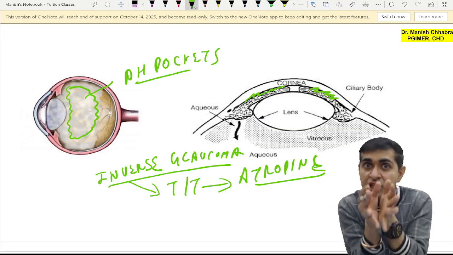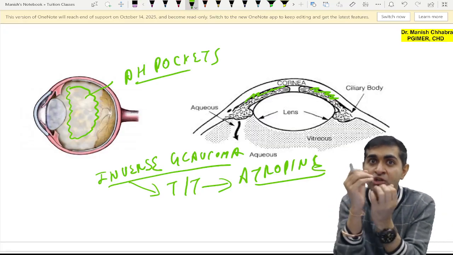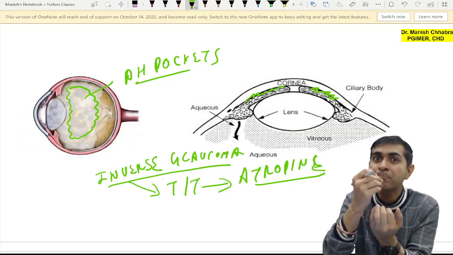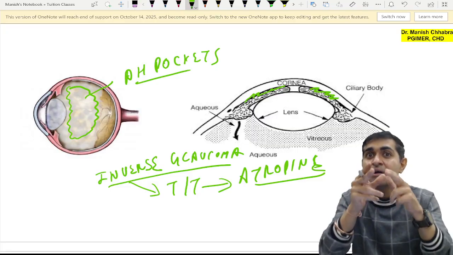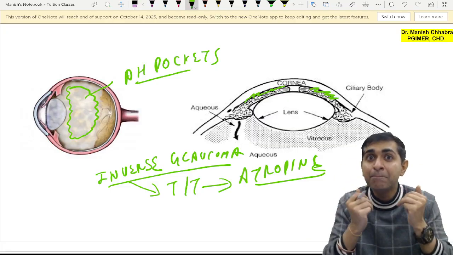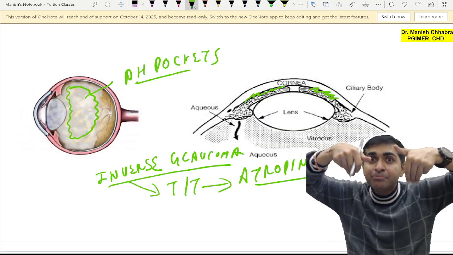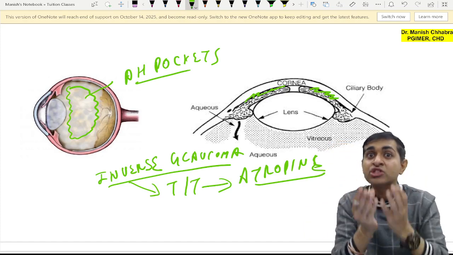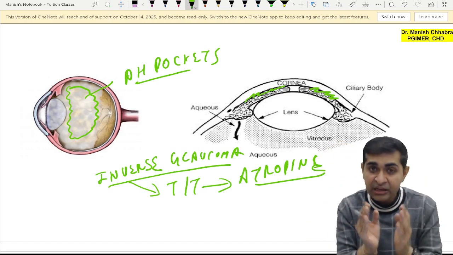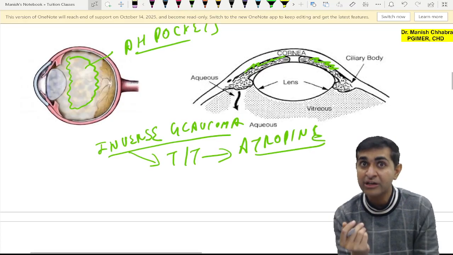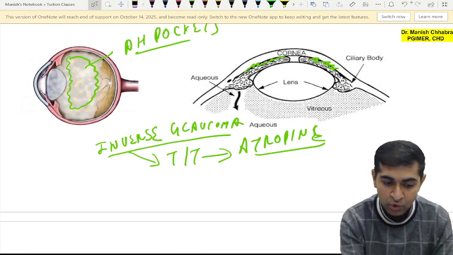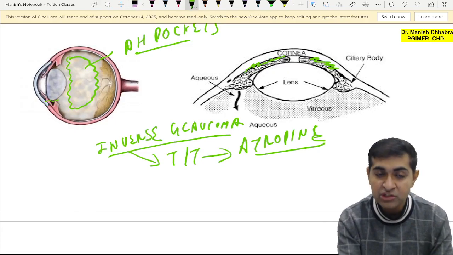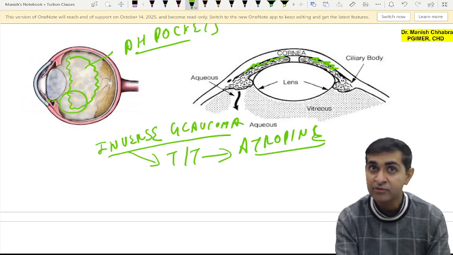Yes, this is the only glaucoma where you will give atropine, because it is going to dilate the pupil, which is going to push back the iris lens diaphragm, which may correct the misdirection of the tips of the ciliary processes, right? And if it is not corrected with atropine, then you go for surgery. In surgery, you make a hole in the iris, you make a hole in the zonules, and you take out a part of the vitreous humor.